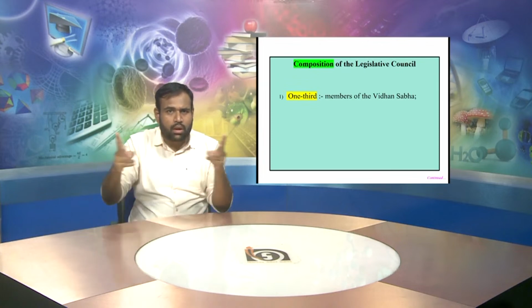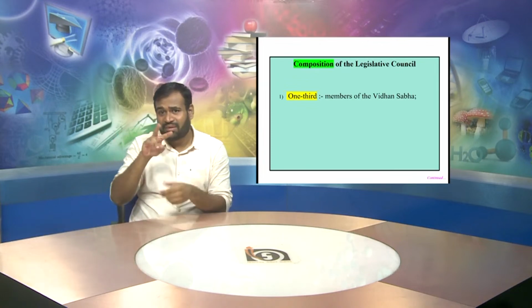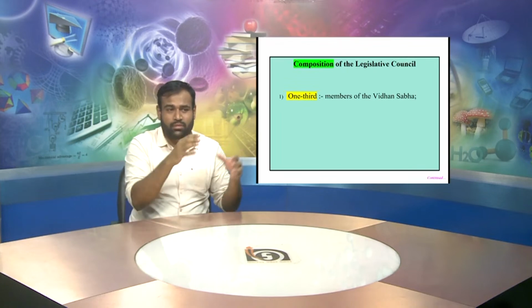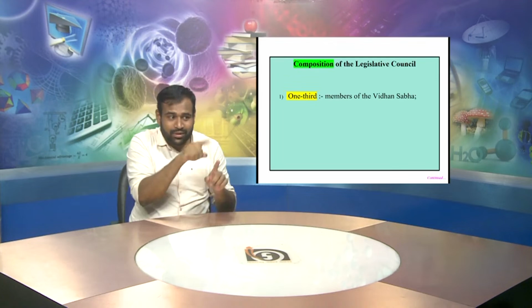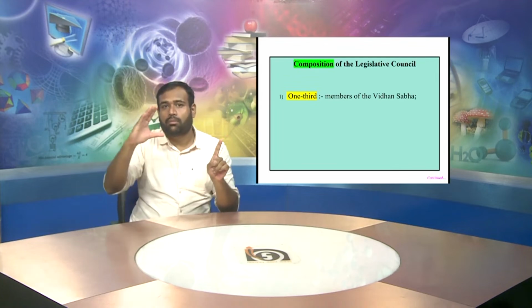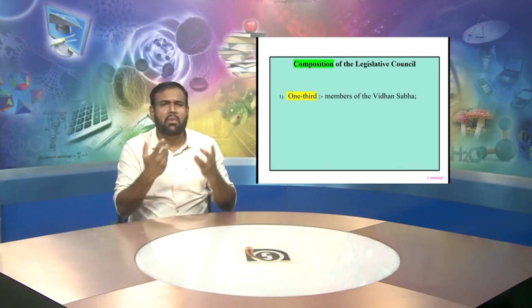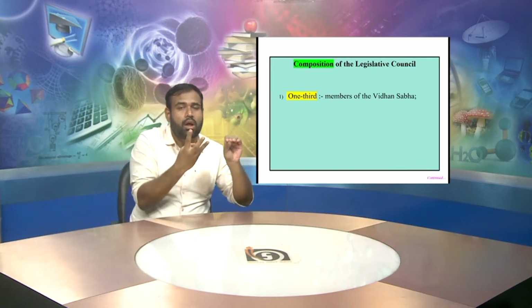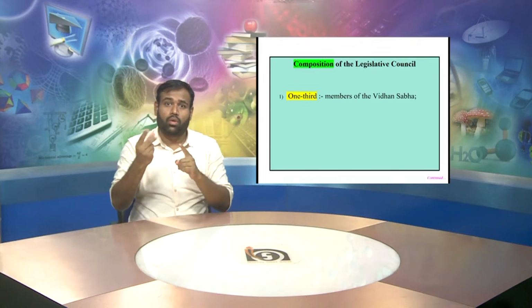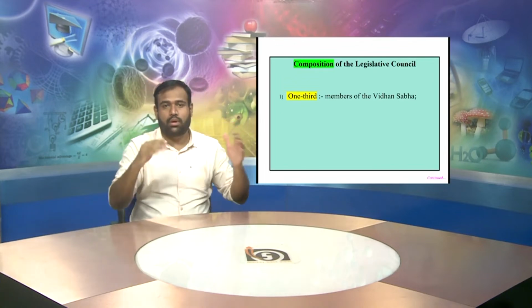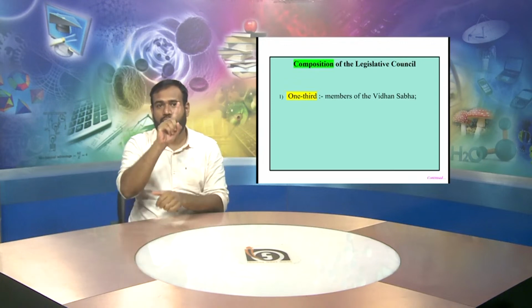Let us now understand the composition of the Legislative Council. In this, 1/3 are elected by the members of the Vidhan Sabha, so the total composition would always be the same.